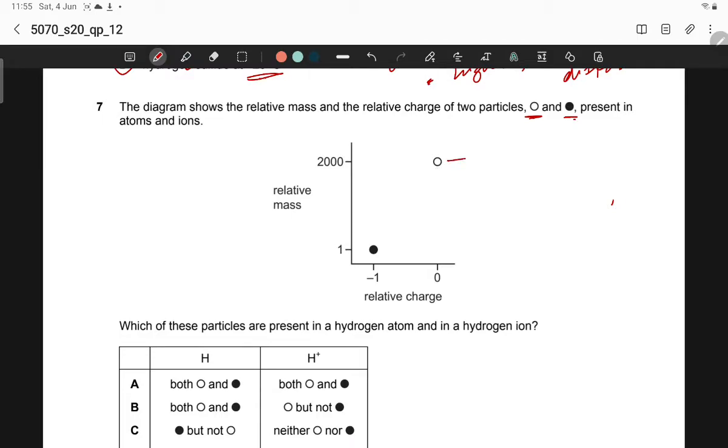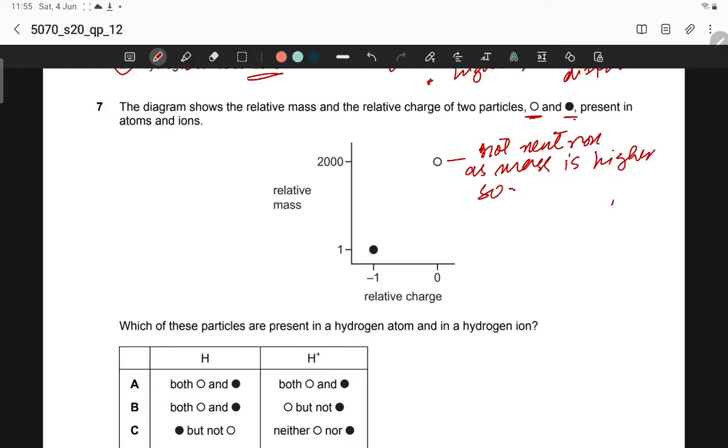This is neutron, but this is the 2000 mass, which is not possible for neutron, so not neutron, as mass is higher.